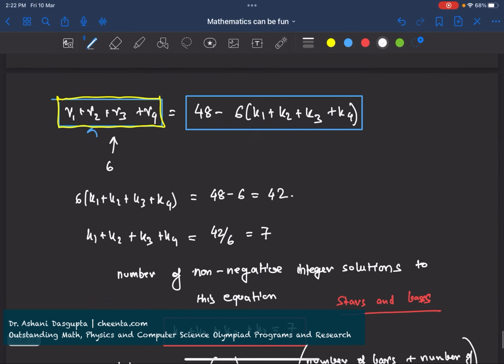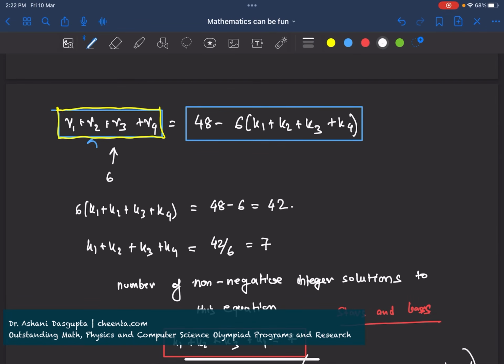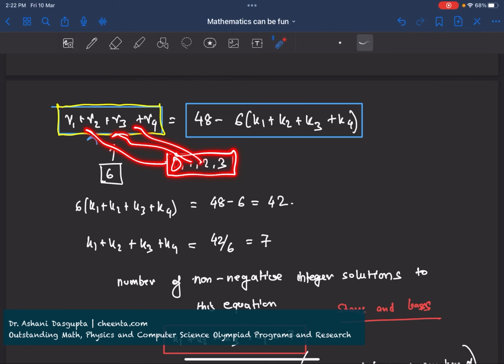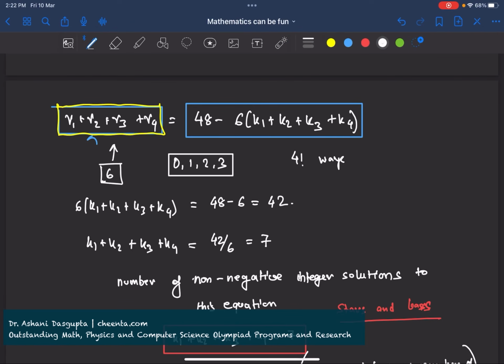And we know that R1 plus R2 plus R3 plus R4 is 6, which means the values that we can use are 0, 1, 2, 3, only these 4 values. So there are 4 factorial ways of arranging these 4 numbers as R1, R2, R3 and R4. So 4 factorial ways means 24 ways.